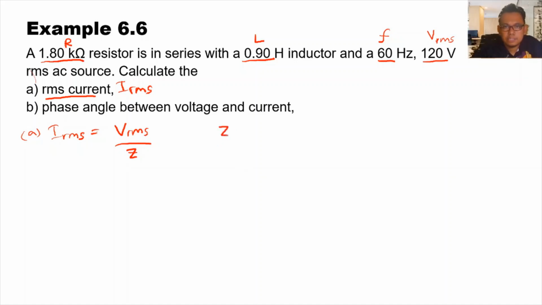This circuit consists of a resistor and an inductor. So the impedance is just the square root of R squared plus XL squared. We don't have XL, so we have to find XL. XL is 2 pi times frequency times inductance.